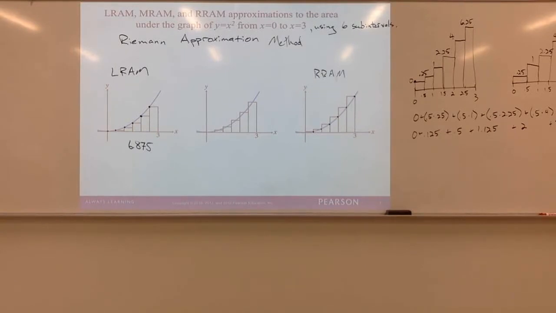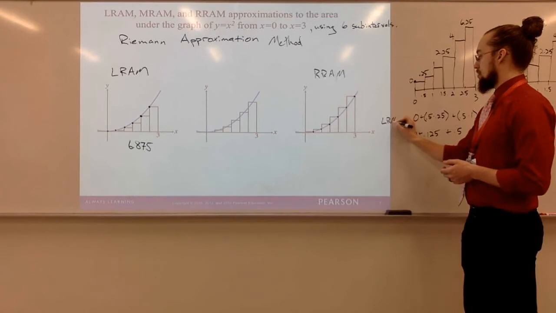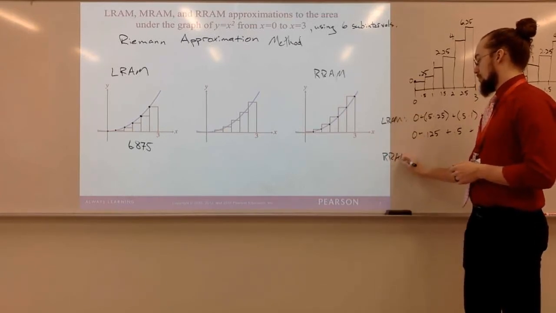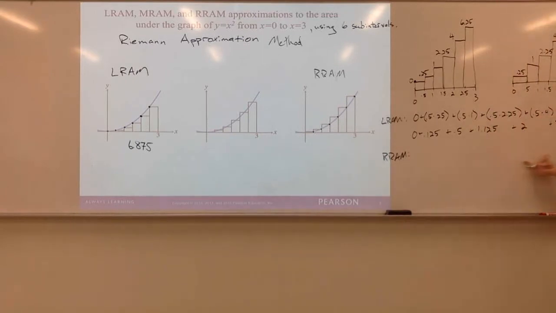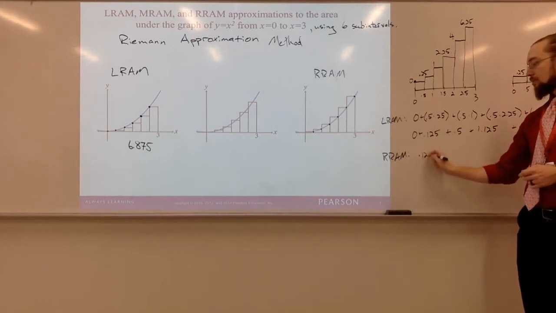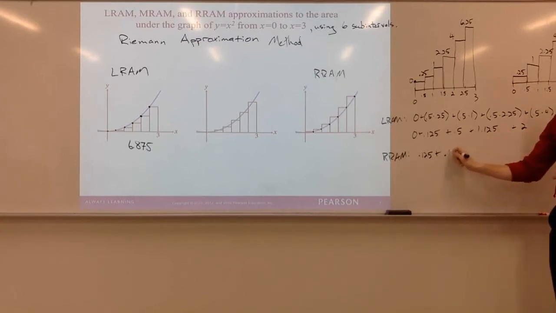Similar process. We actually already found a lot of these pieces as well. The area of this rectangle, 0.5 times 0.25, will be 0.125. And the area of this rectangle, 0.5 times 1, will be 0.5.